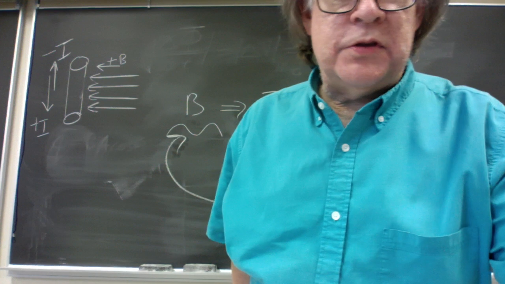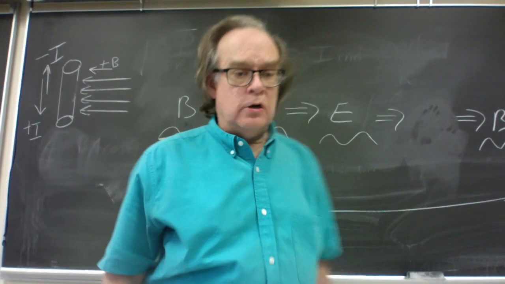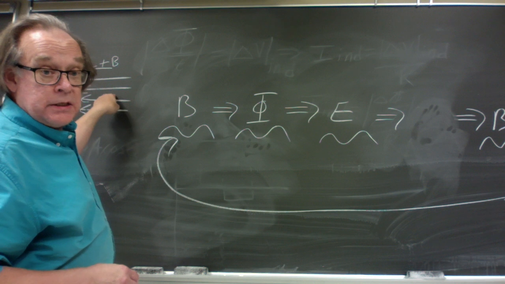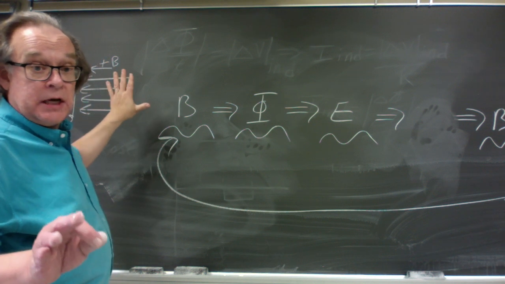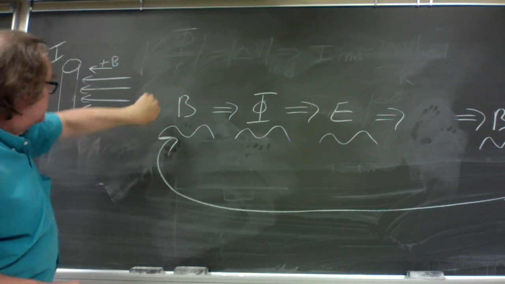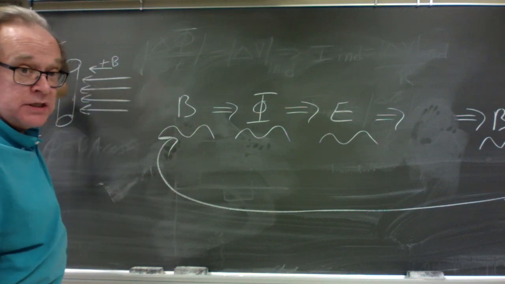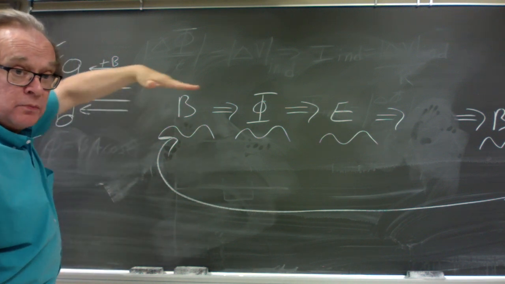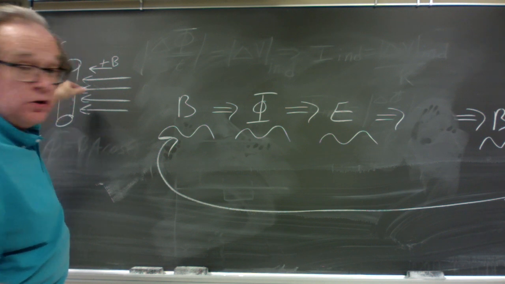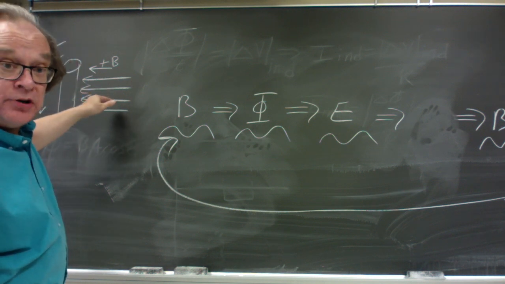The one thing to notice here is something that happens all the time, every time, without exception, when we're talking about electromagnetic waves. The magnetic field is in this direction, horizontal and left to right. The electric field is in a plane perpendicular to that.